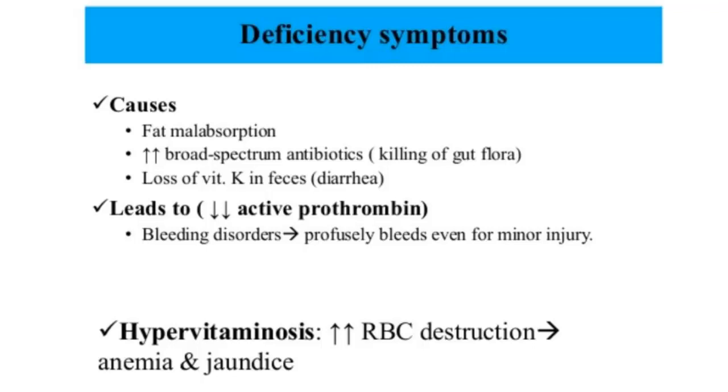From vitamin K, you will be asked about the role of vitamin K in the blood coagulation process. Here you have to tell the gamma carboxylation of the vitamin K dependent factors and all those that I have told you. So these are the main two questions that can come from vitamin E and vitamin K.